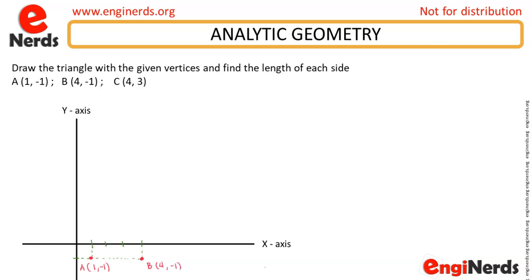Then, finally, lolocate natin itong point C natin, which is positive 4, positive 3. So, ito yung positive 4 natin. Then, we need to locate positive 2, 3. So, ito yung positive 3 natin.